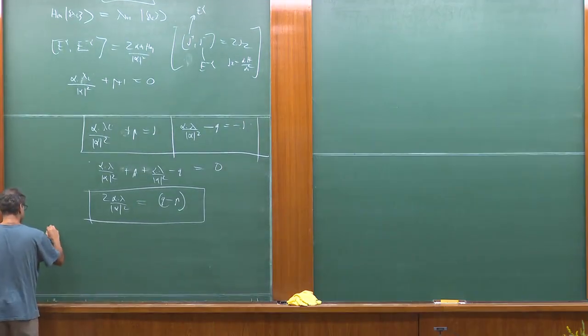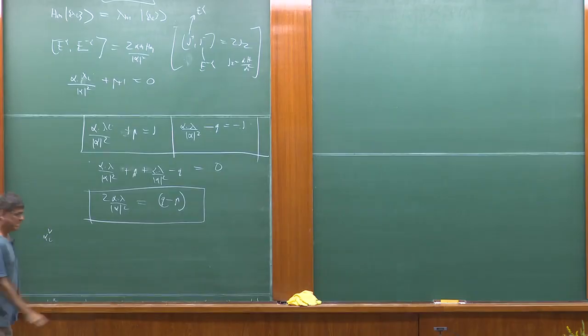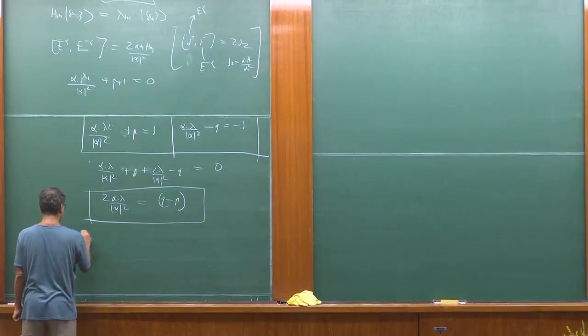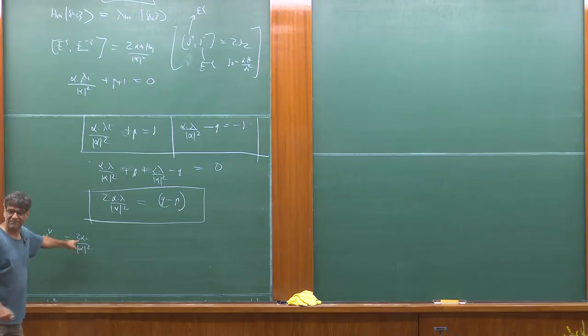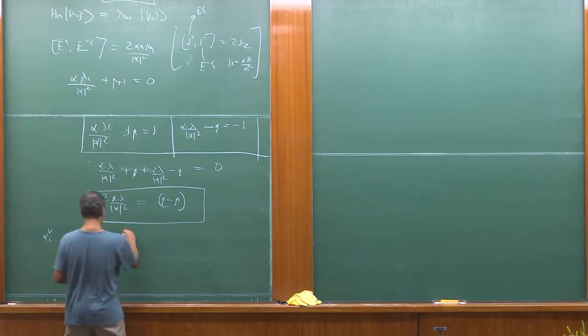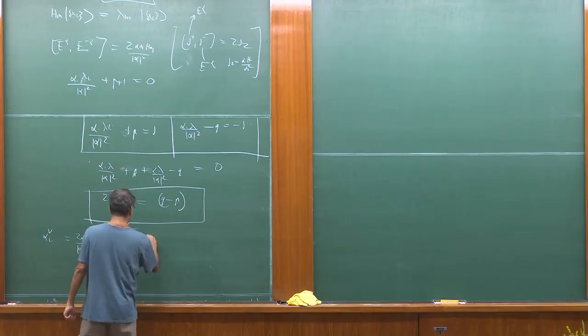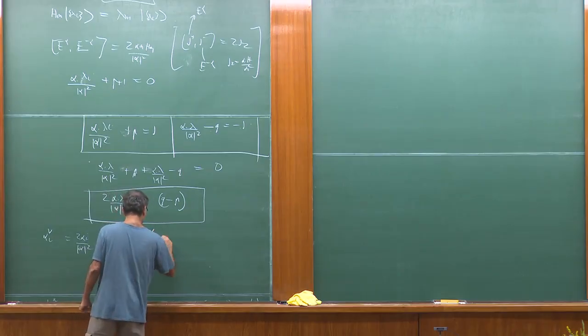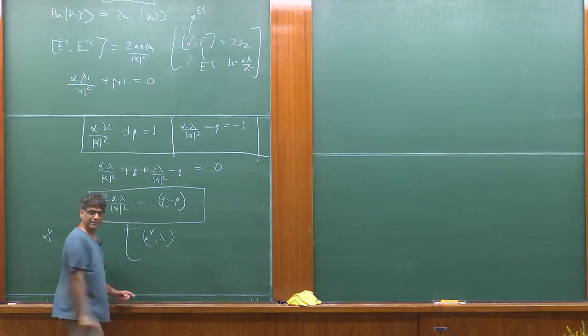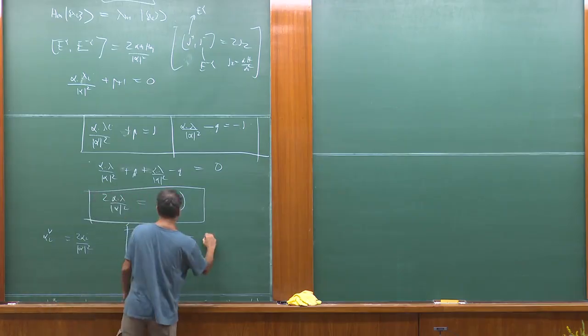Alpha_i^v is equal to 2 alpha_i by mod alpha squared. Just some notation, right? Instead of alpha_i use this, some rescaled version of alpha_i. This here can be written in the form alpha_i^v dot lambda, which is equal to q minus p.